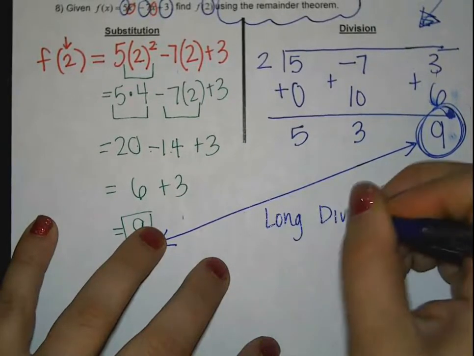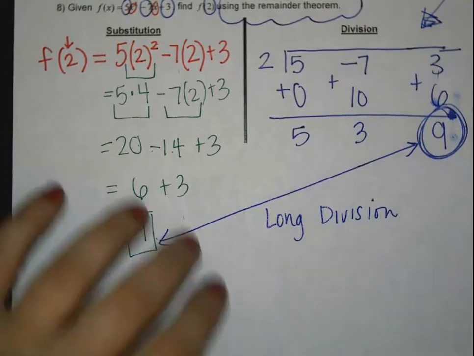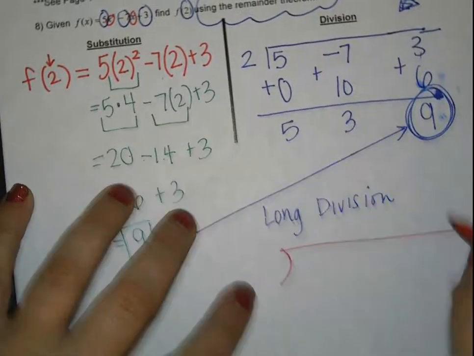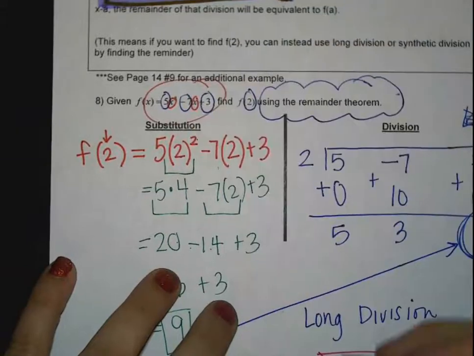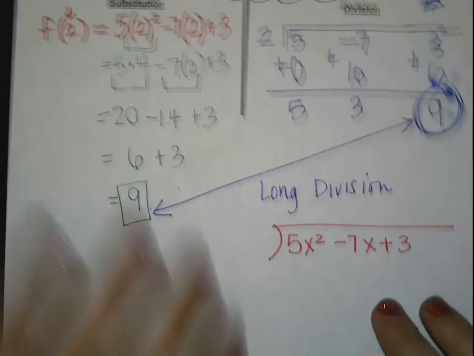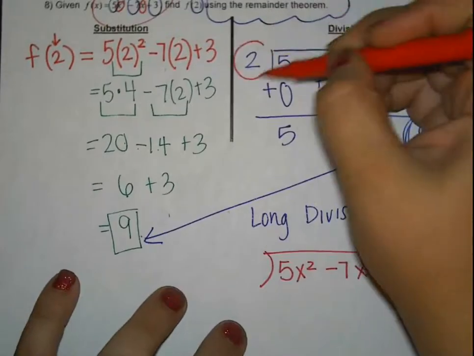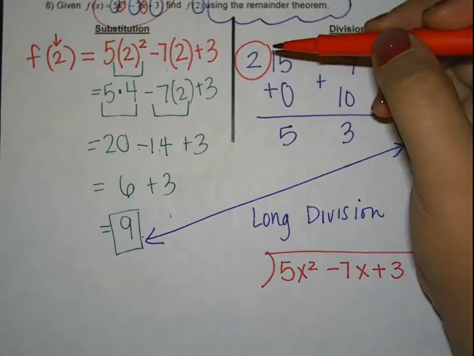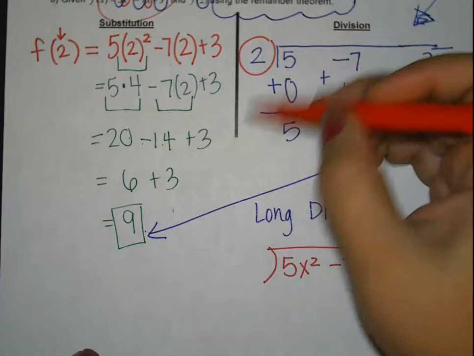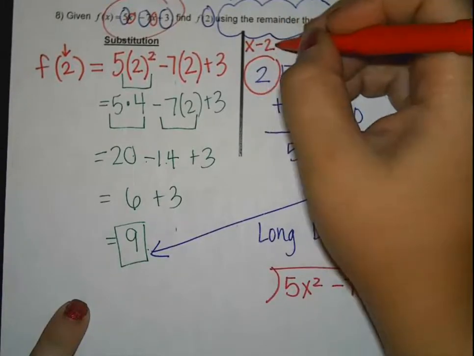So let's discuss how we would do that if we want to do long division. So with long division, we take the whole entire polynomial, so 5x squared minus 7x plus 3. And then what goes out here, we have to think backwards. So in order to put 2 here, we had to have had x minus 2.